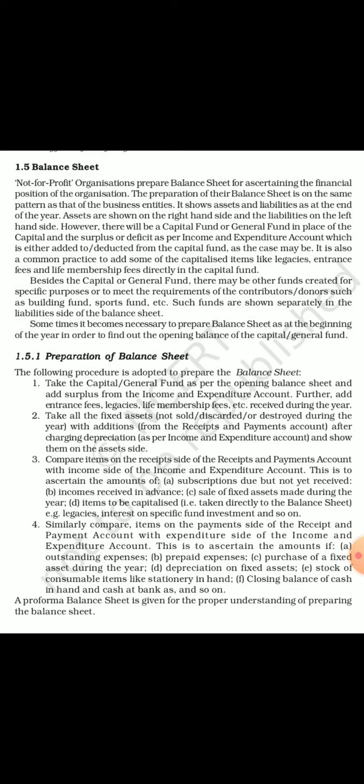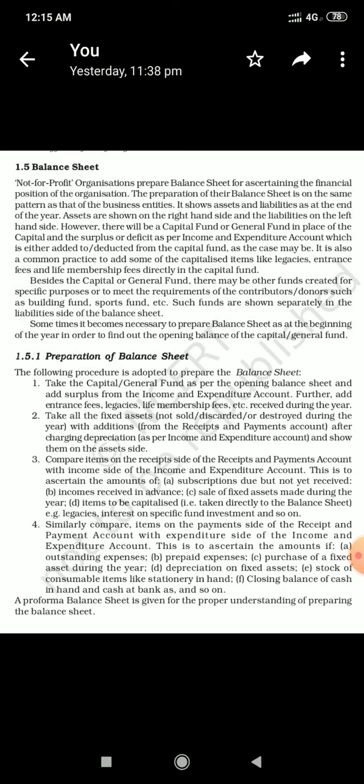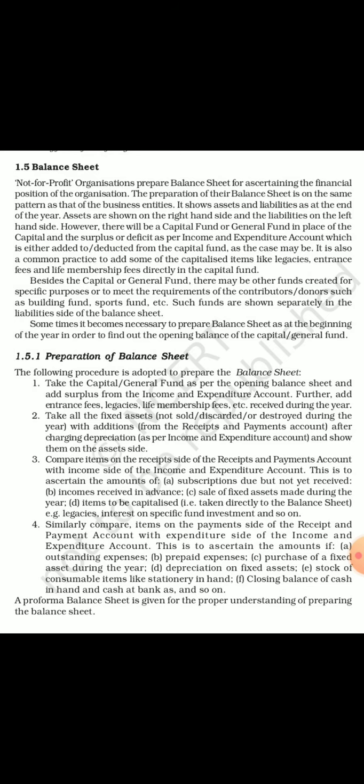Actually, in a not for profit organization, we make two balance sheets. First the opening balance sheet and second the closing balance sheet. In the opening balance sheet, we take all the assets and liabilities related to last year. By showing all assets and liabilities, we take the difference. That difference amount is shown as the capital fund.